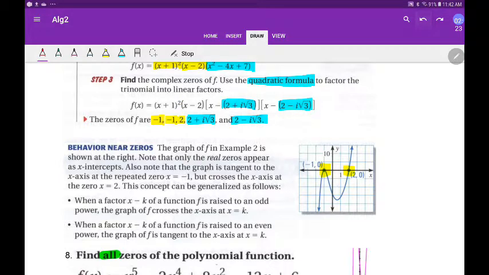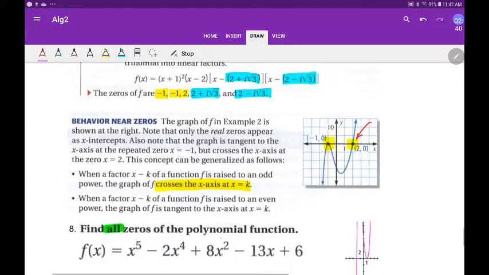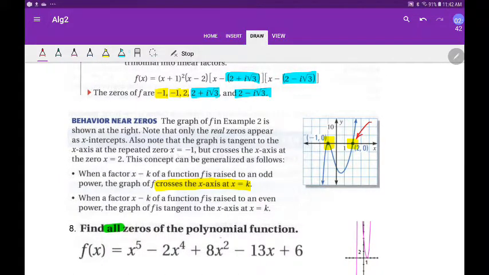But anyway, if it's raised to an odd factor, then it crosses the x-axis at that value. Okay, that's what I'm highlighting over here at the graph. Well, wait, that's not crossing there. Here it's crossing. Okay, and then if it's even, like this 2 right there, you see that 2?